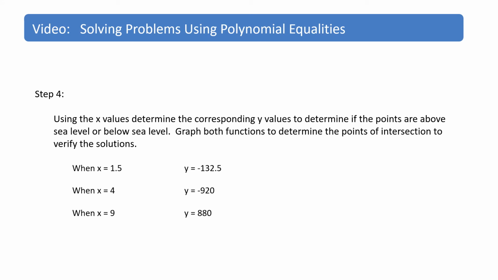Using the x values that we just found, determine the corresponding y values to determine if the points are above or below sea level. Graph both functions to determine the points of intersection to verify your solution. So when x is equal to 1.5, y is equal to negative 132.5.